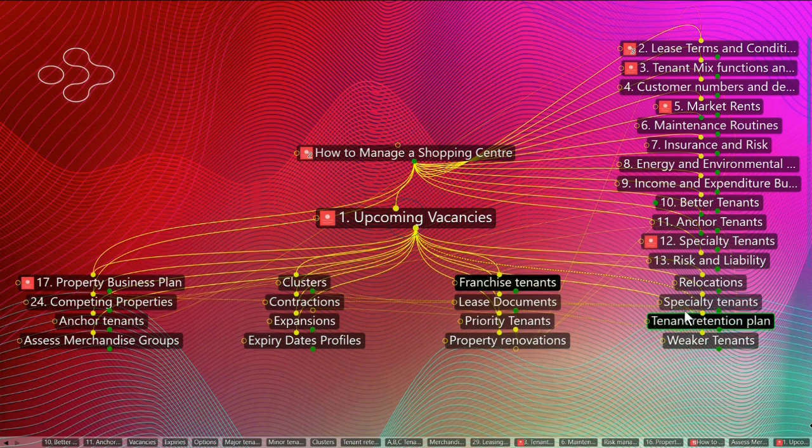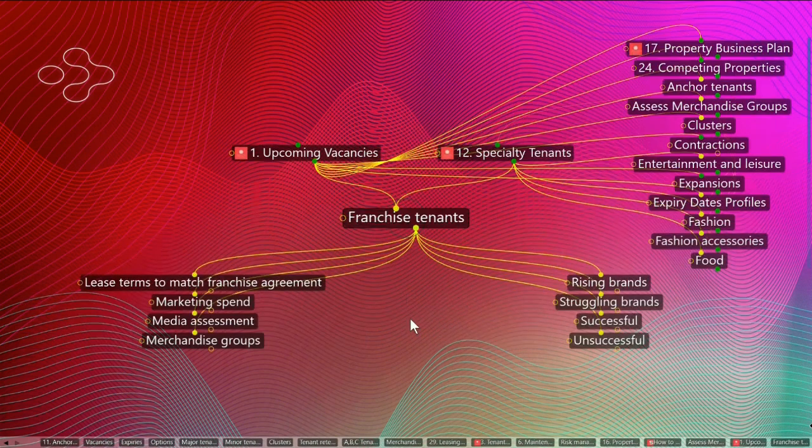There's many different topics within that. As I said to you before, I showed you the assessing of the merchandise groups. Let's say you want to look at your franchise tenants. What do you need to consider within the franchise tenants within your shopping centre? Well, here they are. Lease terms to match the franchise agreement. That's important. The marketing spend that the franchise tenants are making for their occupancy and also for the overall marketing spend within the shopping centre itself.